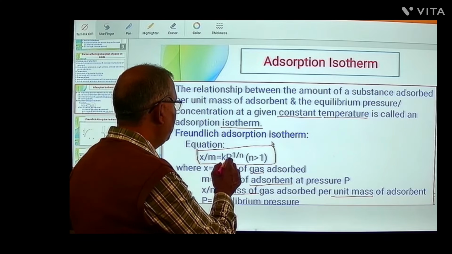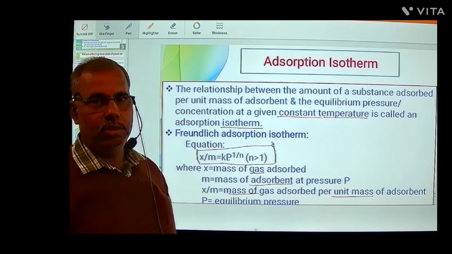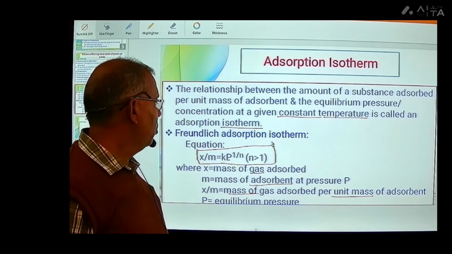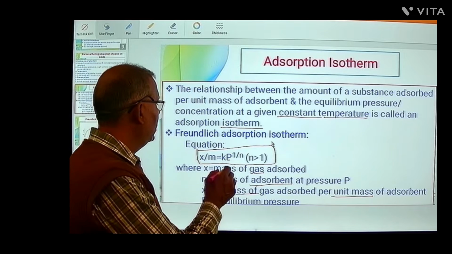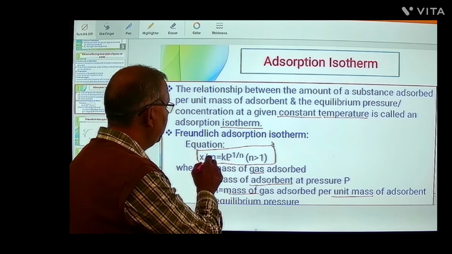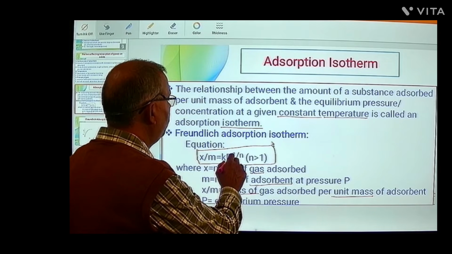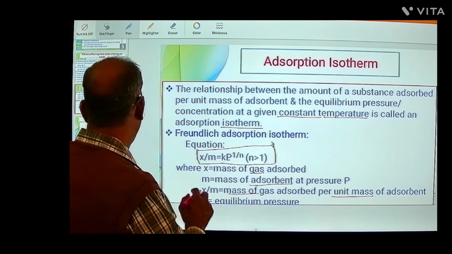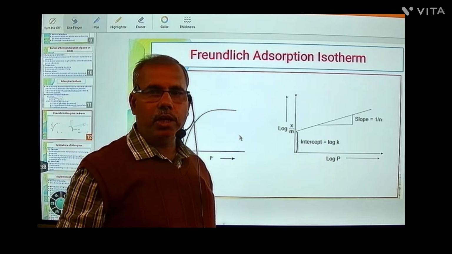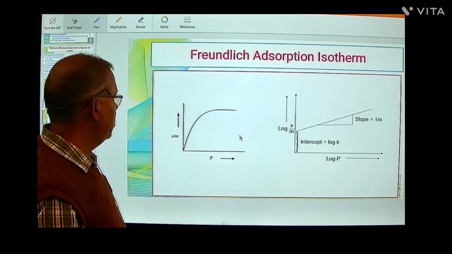And P is the equilibrium pressure. So once again look at the equation, x by m is equal to k into p raised to 1 upon n. Now we shall see actual graphs of this situation.